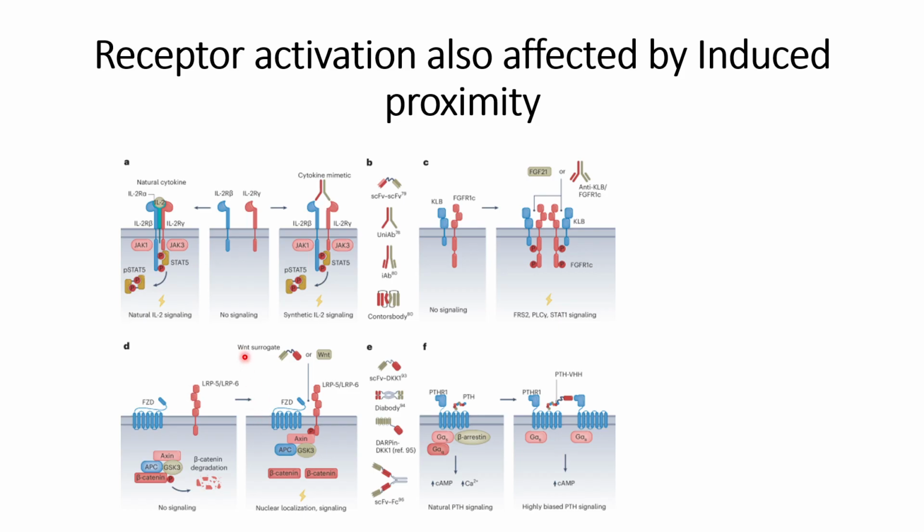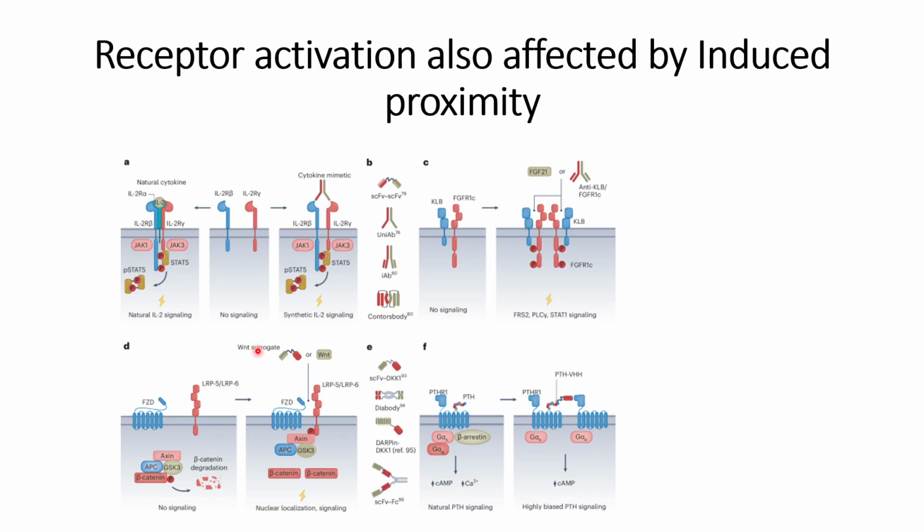But when WNT surrogate antibodies are used, or WNT in the natural case, it will cause FZD and LRP5 LRP6 to interact, and it will cause downstream signaling activation. It will prevent the axin APC GSK3 phosphorylated complex from interacting with beta catenin. In this case beta catenin will not degrade, and it will go to the nuclear localization and trigger signaling.